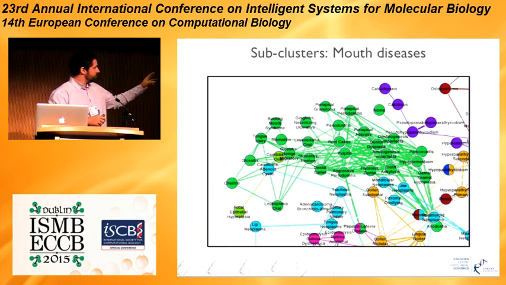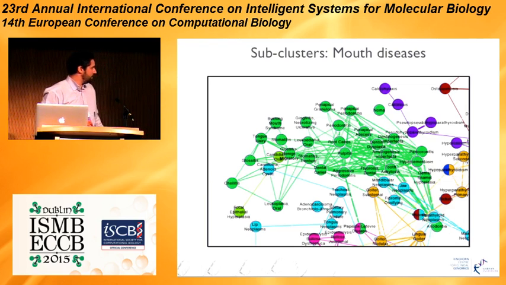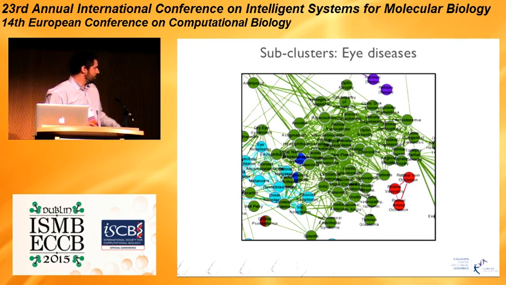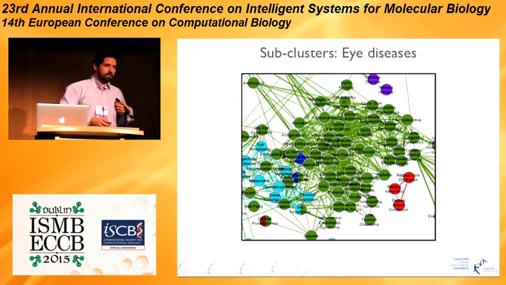Nevertheless, it's interesting to see that we were able to recreate subclusters of diseases, not necessarily the way in which they were initially classified at the top level by DO, but really around the particular organ system. We had a couple of the mouth diseases fairly well clustered, and the eye diseases fairly well clustered, and that's basically it.